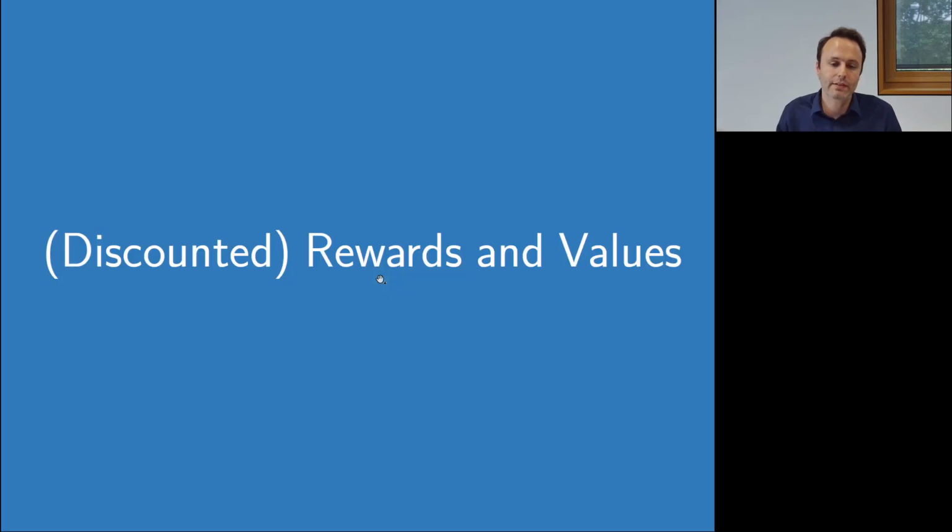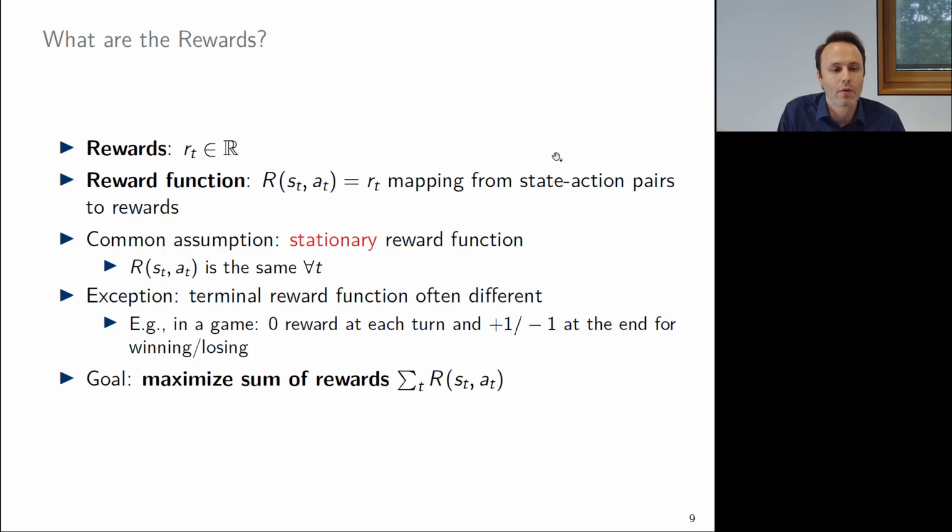and to find algorithms that can help us to optimize our policies. Now, to understand how we can model this and how the algorithms can be set up, we need to think about what are the rewards and what are values, and how can we use discounting in this context, and why we would use that. Now, first let's think about what are the rewards.